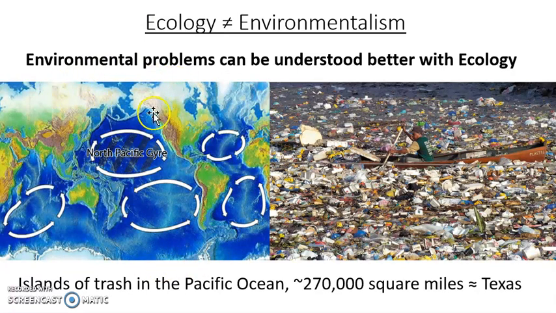If you look at the oceans that are out there, the water in the ocean actually starts to circle around and around because of the currents that are there. And if you look in the Pacific Ocean over here, you can actually find an island of trash that is in the middle of the ocean, and this island of trash out here is about the size of the state of Texas.